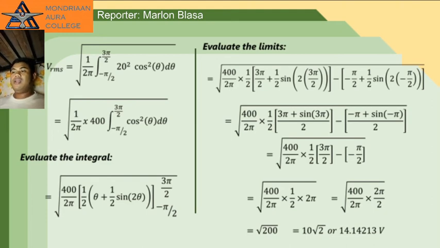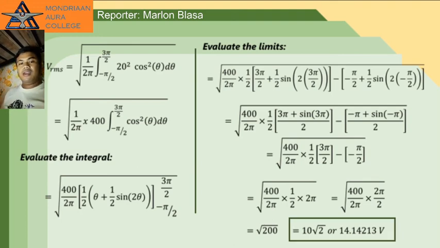So, next nating equation ay magiging square root of 400 over 2 pi times 1/2 times 2 pi equals square root of 400 over 2 pi times 2 pi over 2. So, yung answer natin is square root of 200 or 10 the square root of 2 or 14.14213 volts. So, yun po yung effective voltage ng ating cosine wave na may voltage peak na 20 volts.